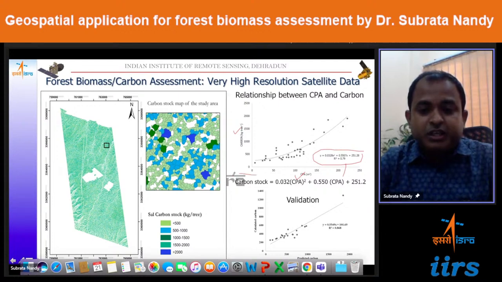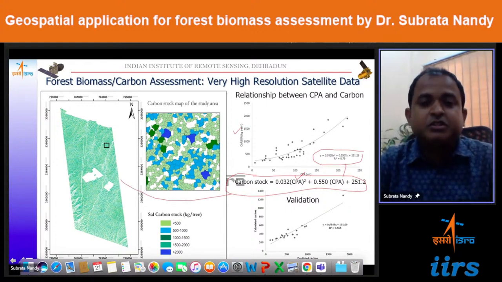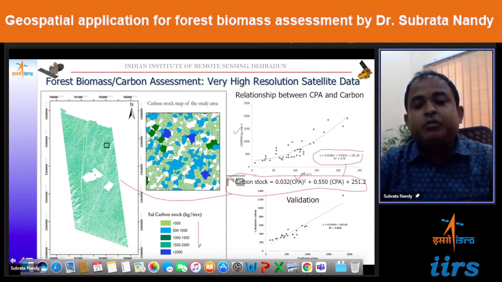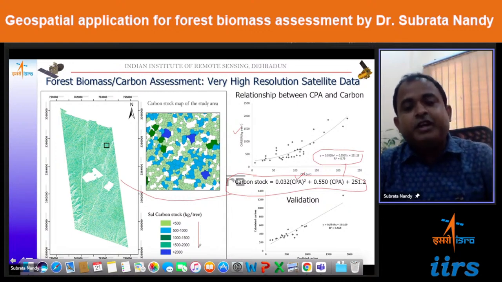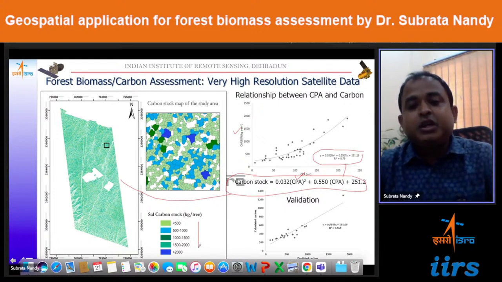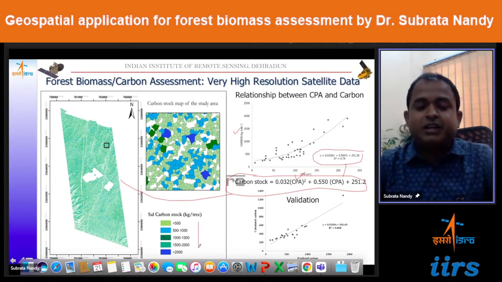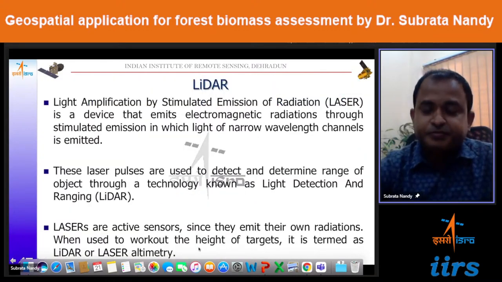Using this kind of relationship, we can generate these maps, and a zoomed view of this is here. Now, if you see this, each of the segments is an individual tree crown. So here I'm able to map individual trees, and at the same time I'm also able to map the individual tree level biomass. So this kind of modeling is slightly different than what we do using medium resolution satellite data.